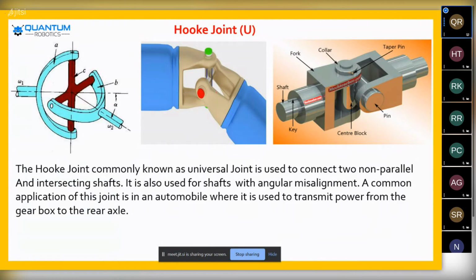The representation of a hook joint is an interconnection between two shafts, with a middle part. It can rotate up and down, and right and left, and maybe do particular angular directions also. Here also there can be particular angular variances.